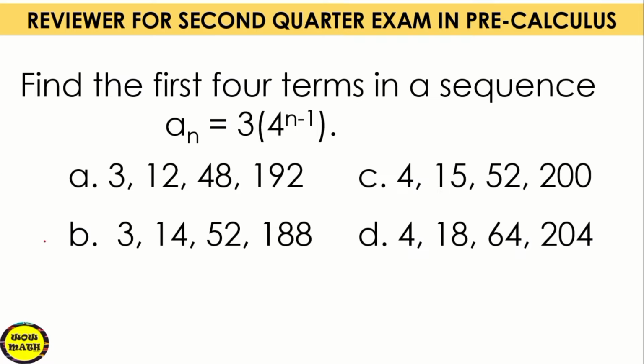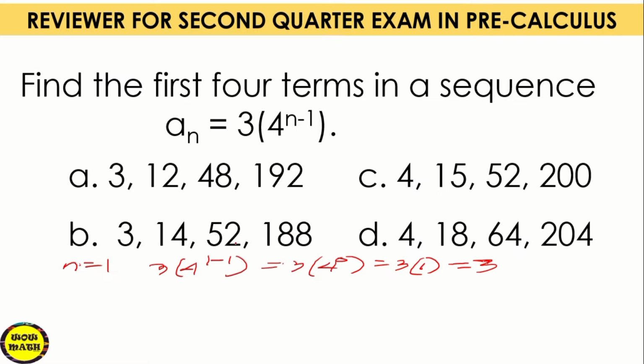If our n is equal to 1, that will be 3 times 4 raised to 1 minus 1. 1 minus 1 is 0, and any number raised to 0 is 1. So the first term is 3.